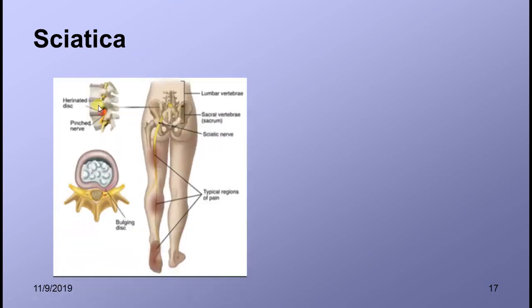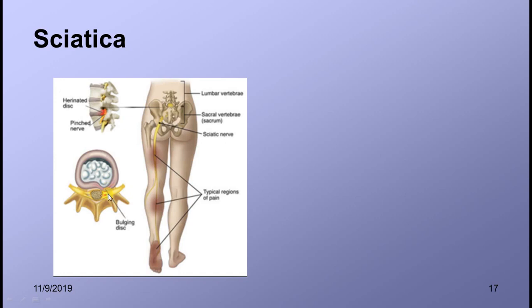So sciatica, again, is compression of the sciatic nerve from its origin from the lumbar plexus. What happens is, due to a prolapsed disc or herniated disc, you are able to see the nucleus pulposus getting herniated, and there are many reasons for this.